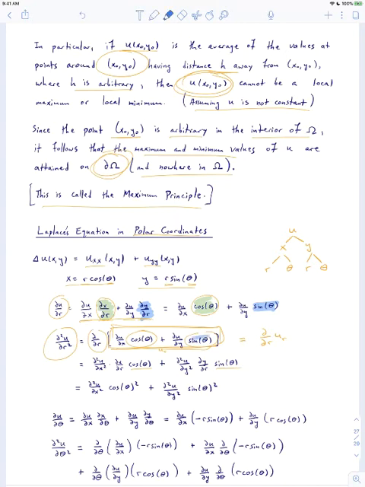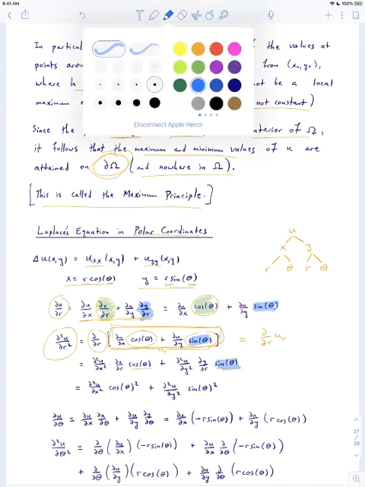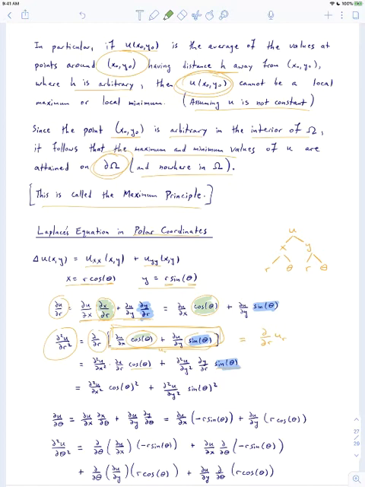So this sine theta is that sine theta, and this cosine theta is that cosine theta. So what we want to compute is the derivative with respect to r of du dx. That's going to give us the derivative of u with respect to x, which is that term, times the derivative of x with respect to r. Now, the derivative of x with respect to r, again, is cosine, so we're going to end up with a cosine squared term here.